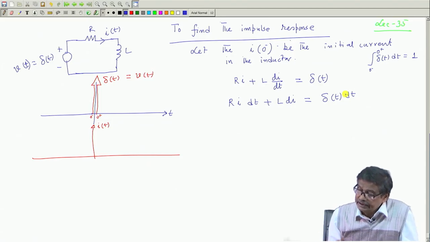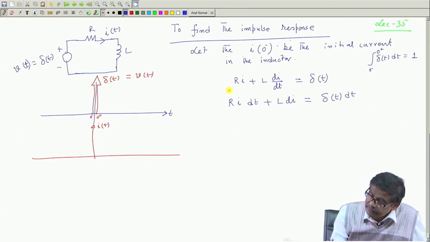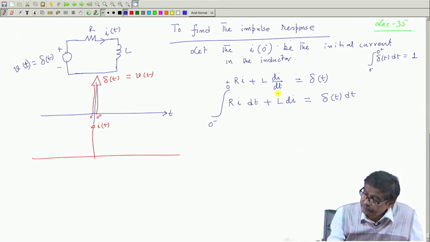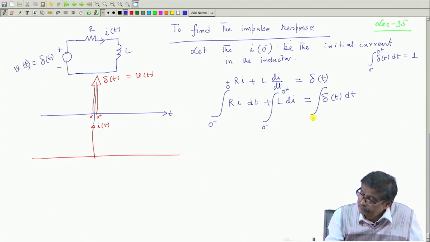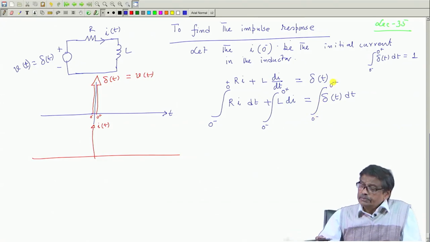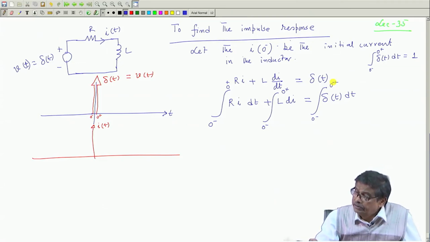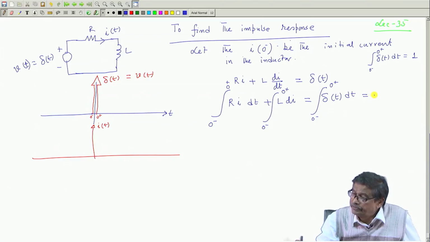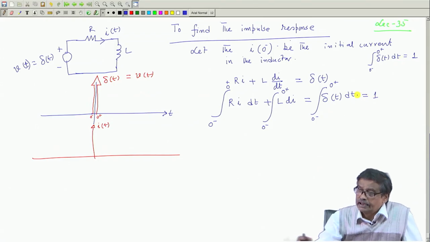Then I will integrate both sides from 0 minus to 0 plus. Why have I integrated like that? Because the quantity on the right hand side becomes finite. This is 1, has to be.